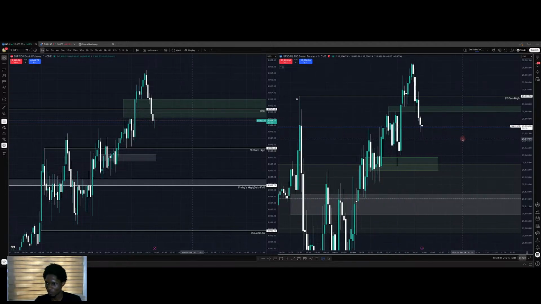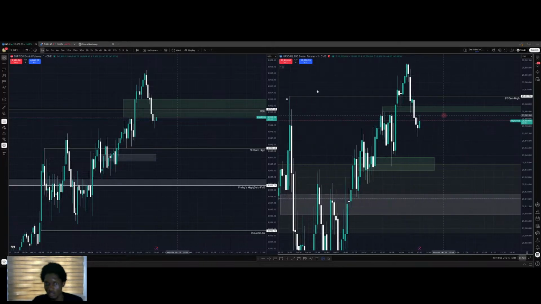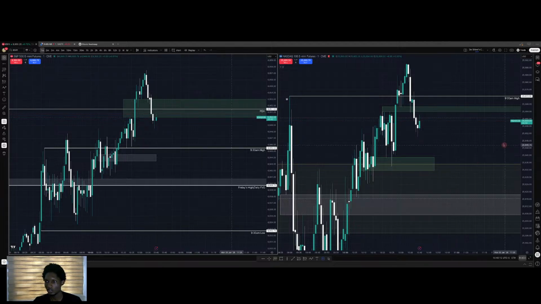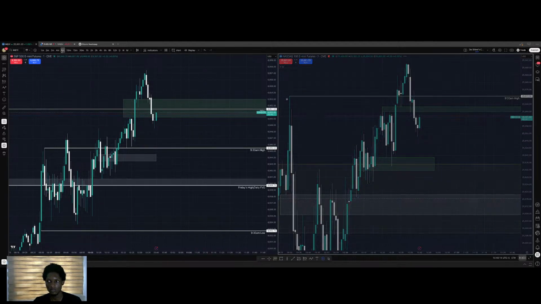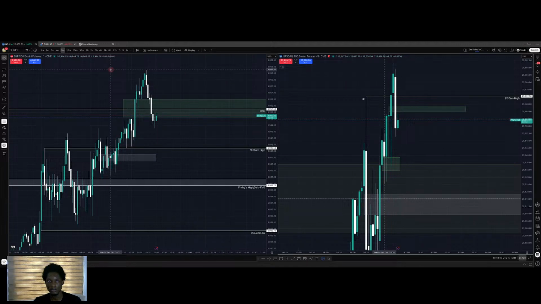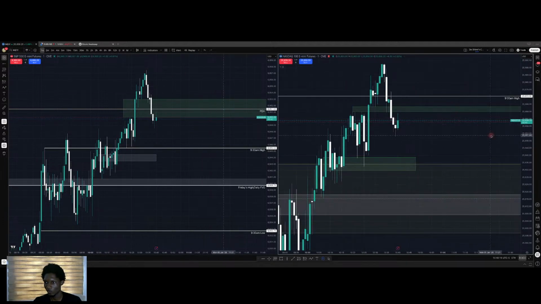I like this. Okay, so I'm supposed to be taking this trade actually. We did invert both of them on the 5. Yes, we did.